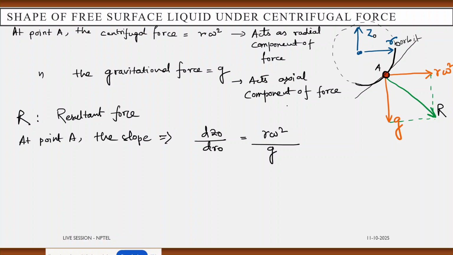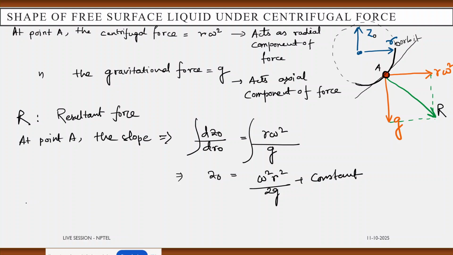So if you do the integration, you will get z naught equals omega square r square by 2g plus some constant. So we need to solve this equation to understand the value of the constant.